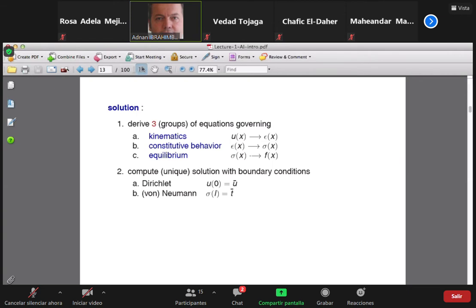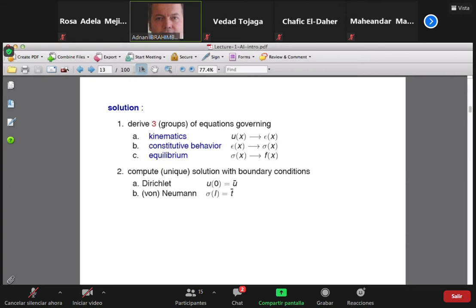Now, these three equations should be defined, and they result in the definition of the boundary value problem. If I want to have a unique solution to such a boundary value problem, I have to specify so-called boundary conditions. These boundary conditions could be either on the imposed displacement, in other words, the component that I isolated. I was talking about the wall inside the building, I was talking about the windshield inside the car.